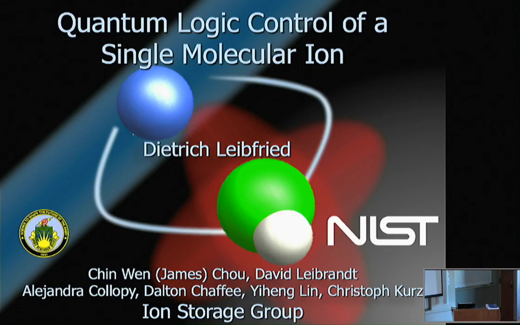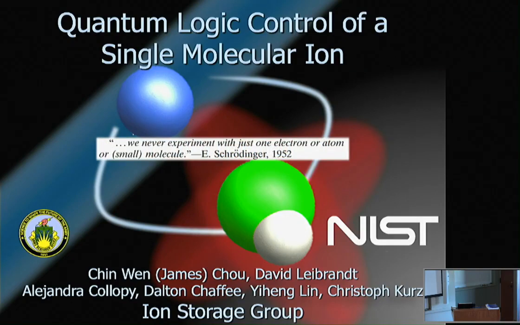So let me start, and since I'm the first person talking about molecular ions, there's one thing I should maybe mention. Probably you know the famous quote by Schrödinger that we never experiment with just one electron or atom or small molecule.